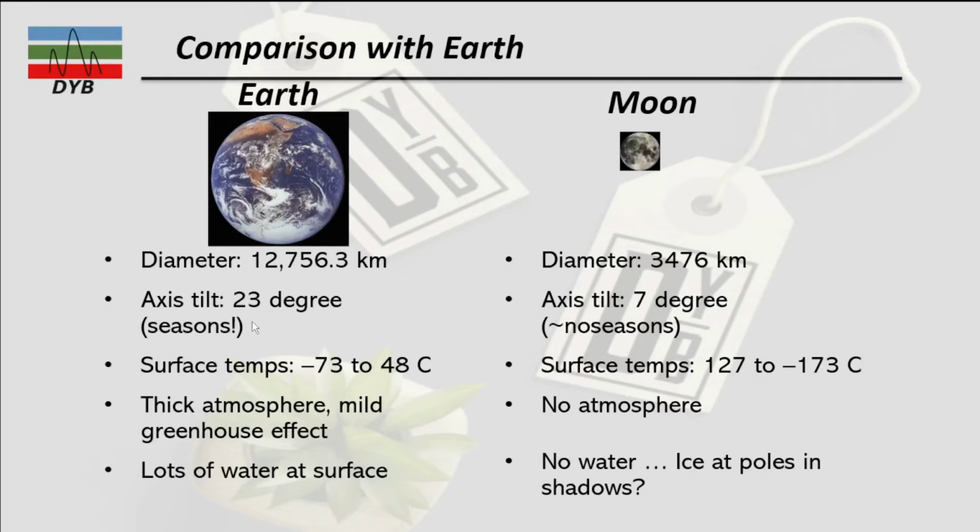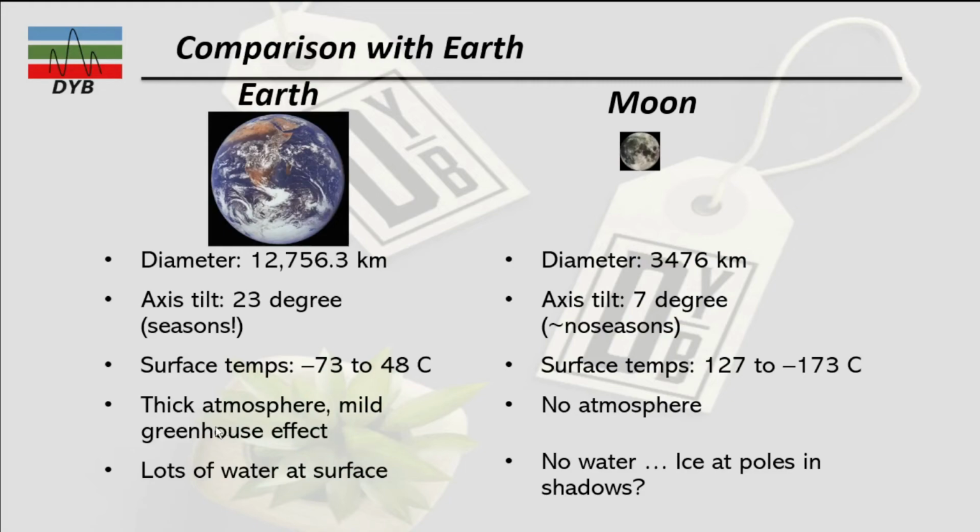And as you know, there is a tilt of the Earth, so Earth is slightly tilted 23 degrees, but the moon is tilted 7 degrees. The surface temperature of the Earth goes from minus 73 degrees Celsius to 48, maybe up to 50 or 52 sometimes. But the surface temperature of the moon is 127 degrees Celsius to minus 173 degrees Celsius.